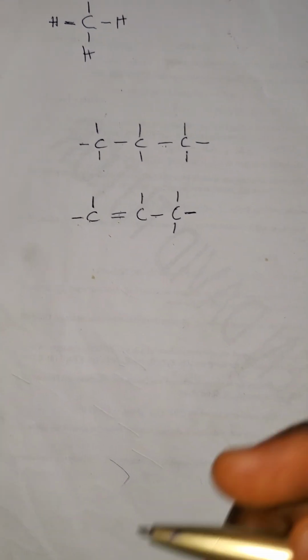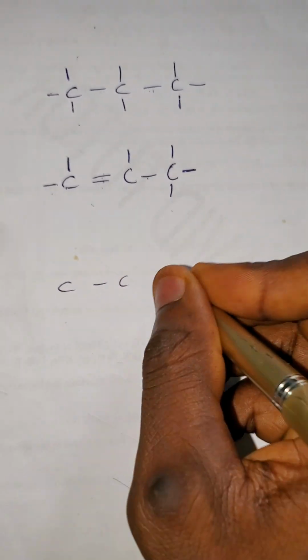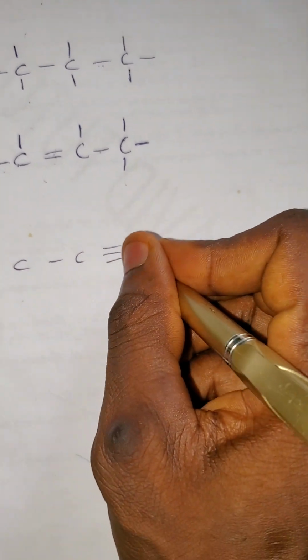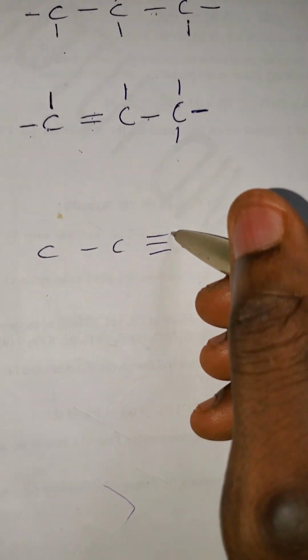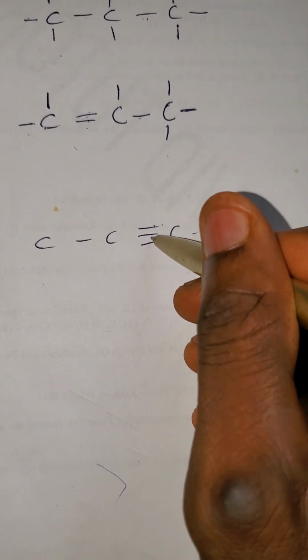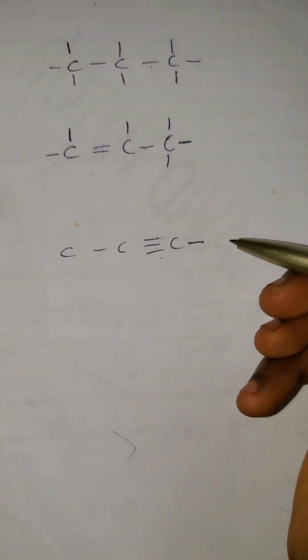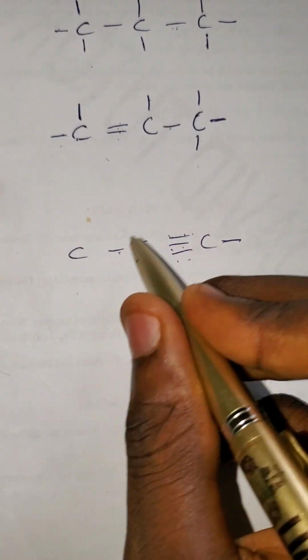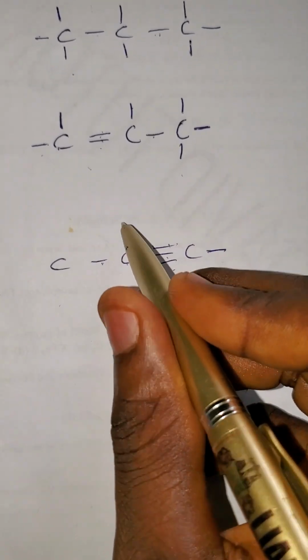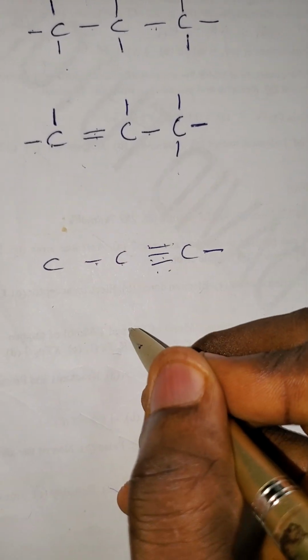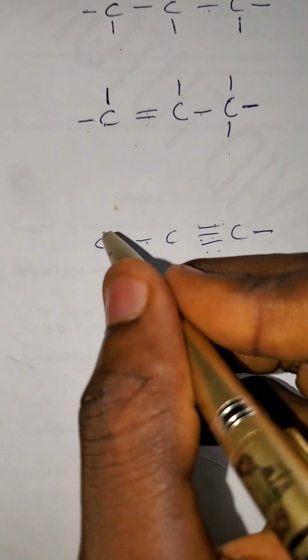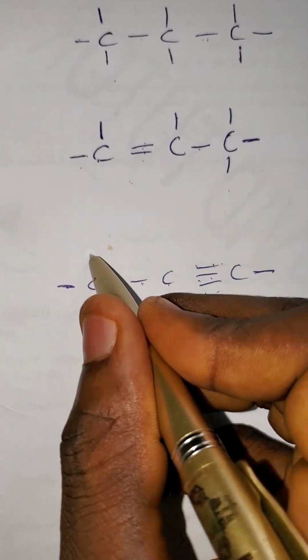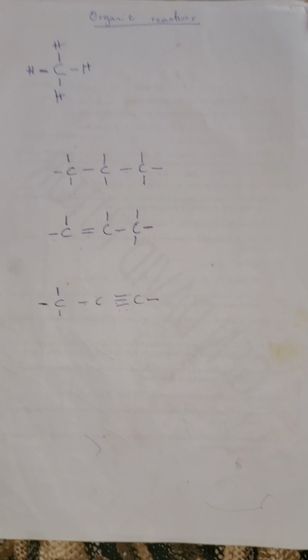The same thing goes with a triple bond if you have something like this. You observe that this carbon here has 1, 2, 3, so it needs 1 to make it 4. This carbon here is 1, 2, 3, 4, already completed, so we cannot add anything above or below here. But this one has 1 here, so we need 2, then 3, and 4, making it complete.